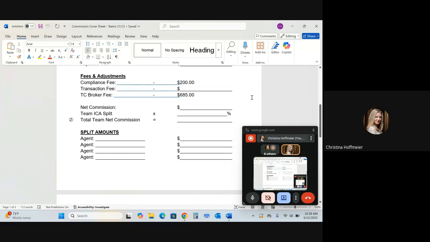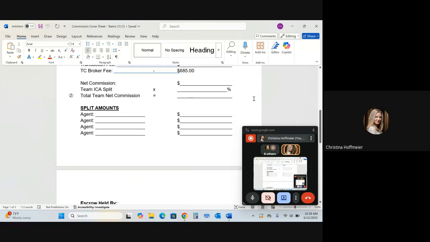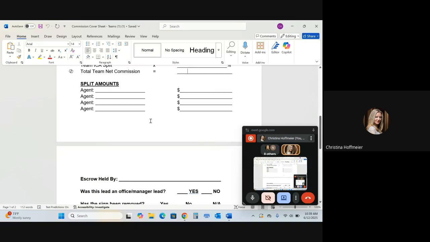Okay. So I always get people who try to say, well, I'm getting this and this person's getting that. I don't need to know about all that. I don't need to know what your split is, what your details are. I just need to know what the team is being paid. And then at the bottom, you see where it says agent amount. So all I need to know is if Joffrey is getting paid $1,000 from this deal, I don't need to know the percentage.